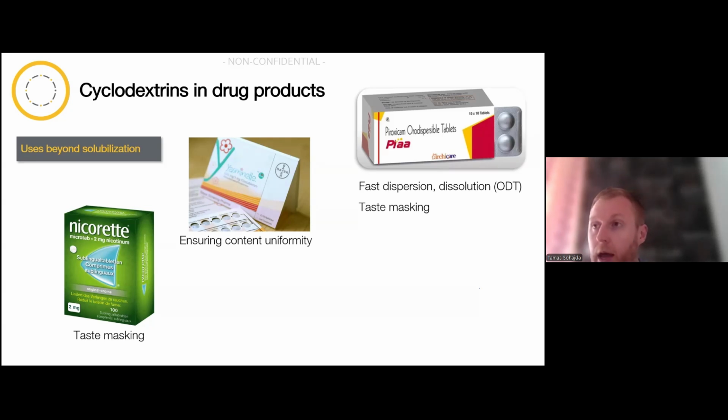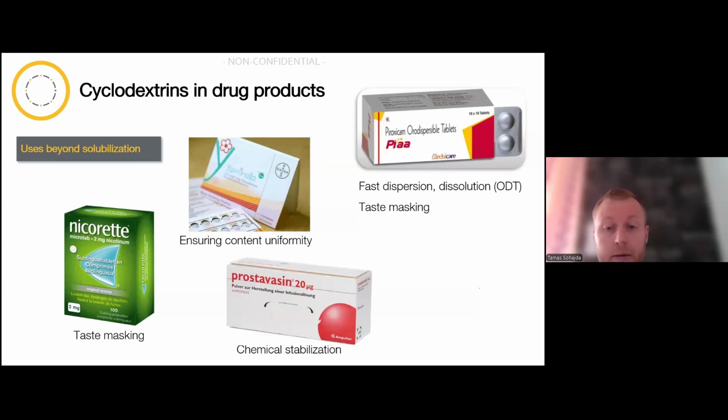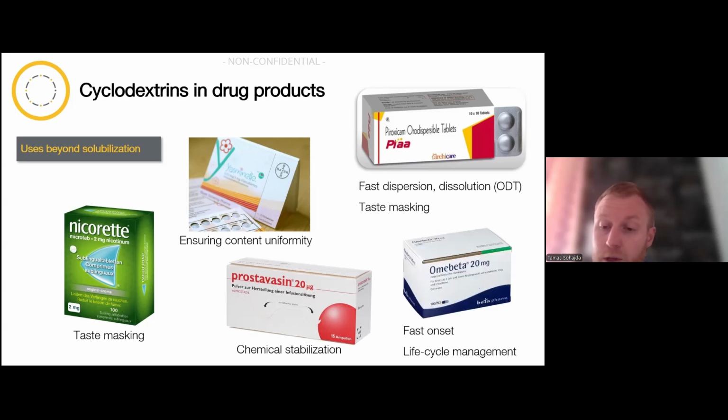So they are especially ideal for fast dispersion, ODT formulations, and active ingredients where you need a quick, immediate effect, like painkillers and actives like that. They can also be used for chemical stabilization. In oral formulations, this is a bit more rare, and I'll also explain why it's more rare with oral formulations.